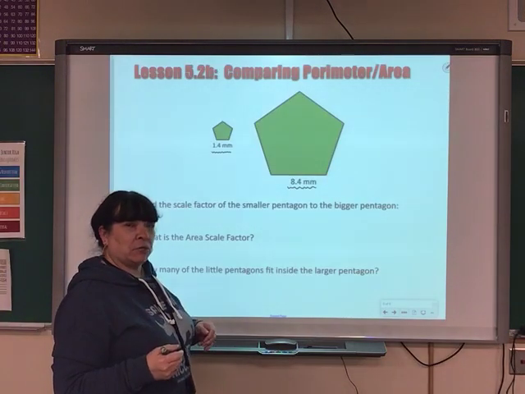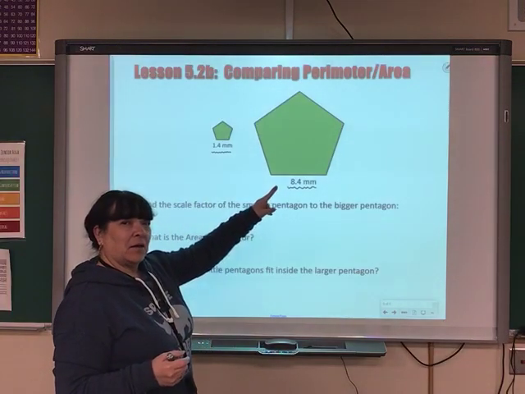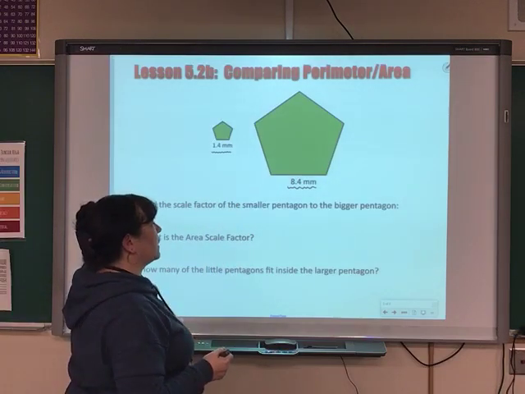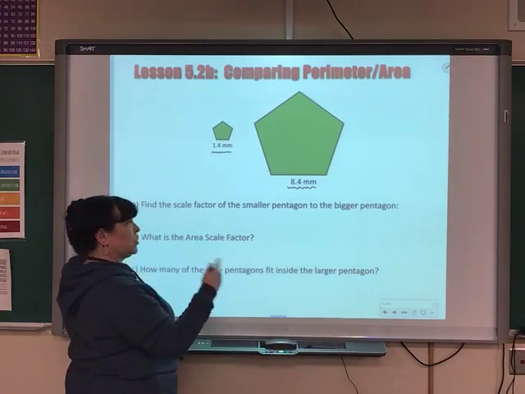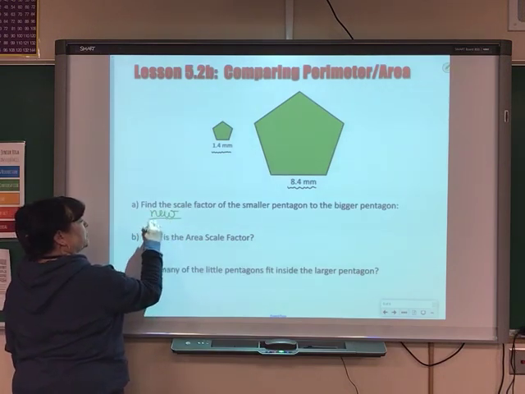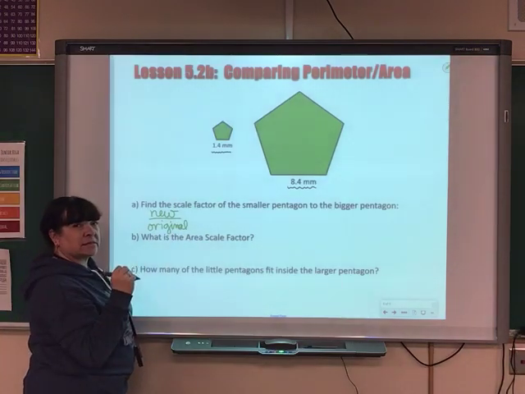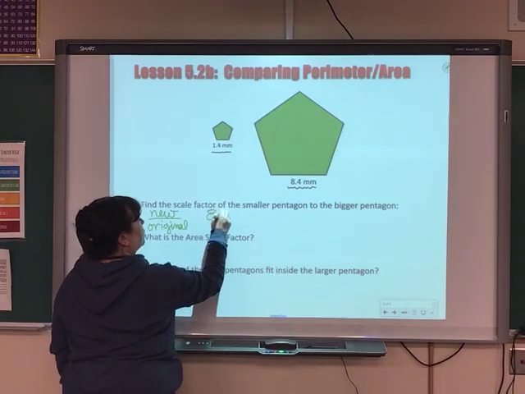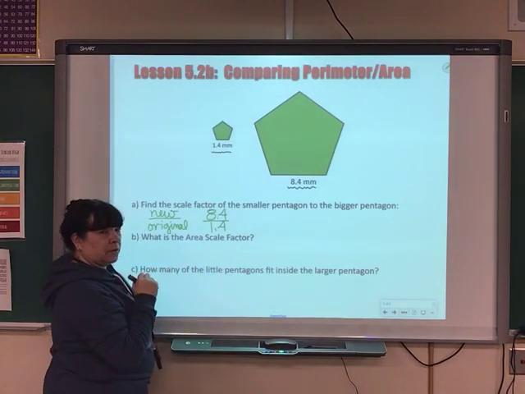When we make our ratio, remember, even though we're looking at small to big, our original is on the bottom and our new is on the top. And so if we were to do this as a ratio of the new one to the original, and this is going back using stuff from previous lessons, our new one would be 8.4 millimeters to 1.4 millimeters.